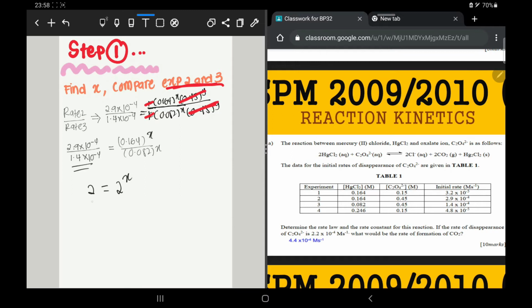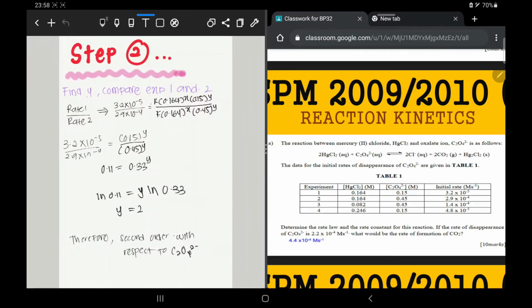So to find x, you take ln of both sides, you bring x to the front, ln 2, then you find x: you get ln 2 divided by ln 2, which gives 1. 1 over here means that, therefore, it is first order with respect to HgCl2.